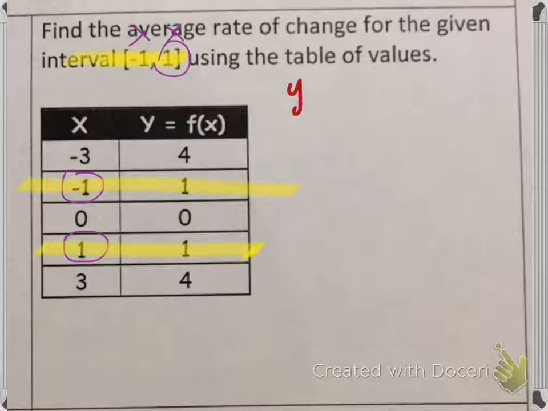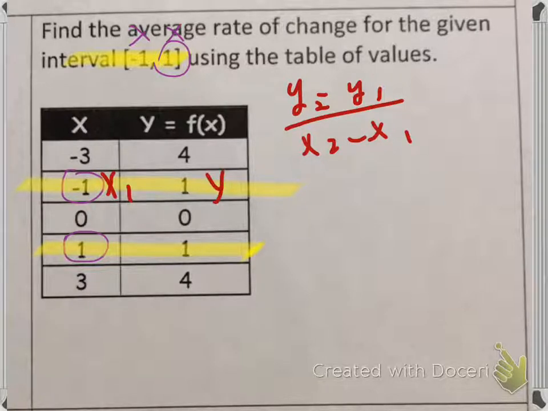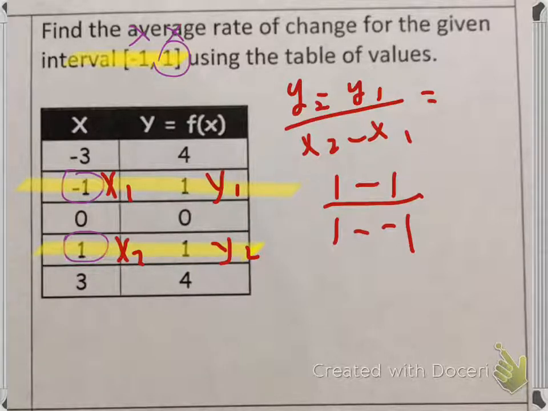My slope formula again is y2 minus y1 over x2 minus x1, and I'm just going to substitute in. So here's x in my first point, y in my first point, x in my second point, y in my second point, and I just plug in. So y2 is 1 minus y1, which is 1. x2 is 1 minus x1, which is -1.